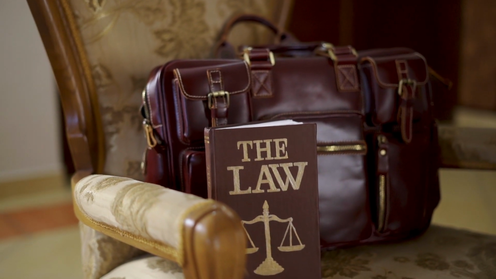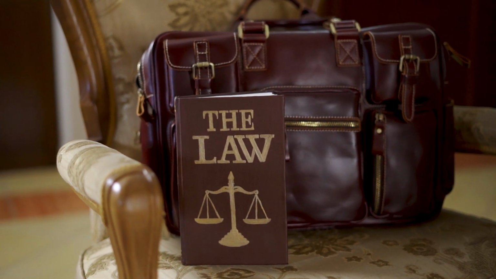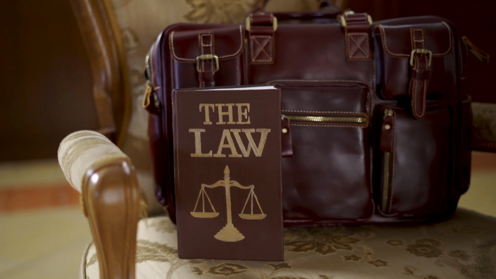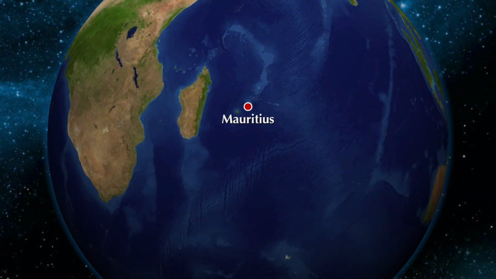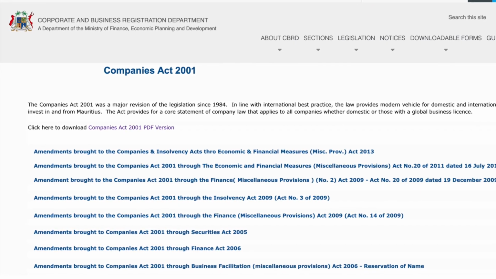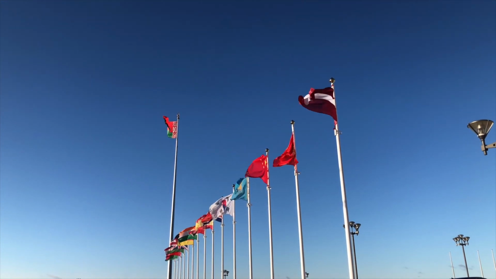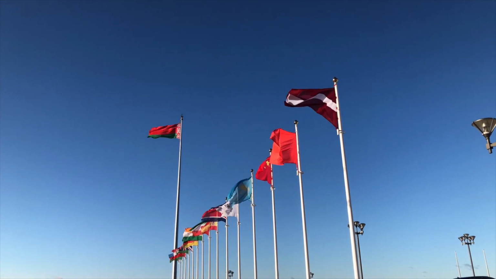Now let's briefly review some of the legislative provisions regarding par value and no par value shares in the context of company law. As I operate within the offshore global business sector in Mauritius, we'll be discussing the Mauritius Companies Act 2001. However, it's important for you to refer to the specific legislation governing companies in your jurisdiction.